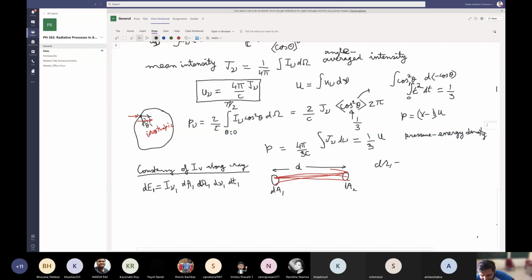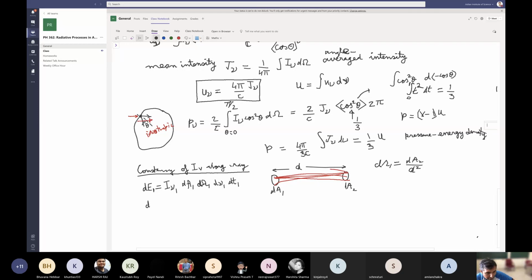So d omega 1 is nothing but the transverse area dA2 divided by this distance squared. This is the definition, and since I'm considering theta equals 90 degrees, there are no cos theta factors here. So this is the solid angle d omega 1.